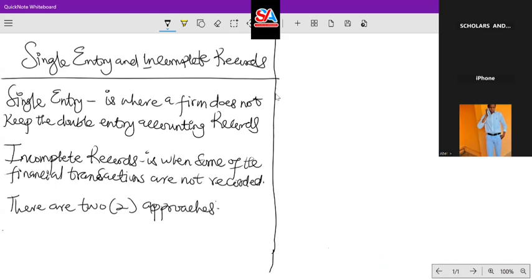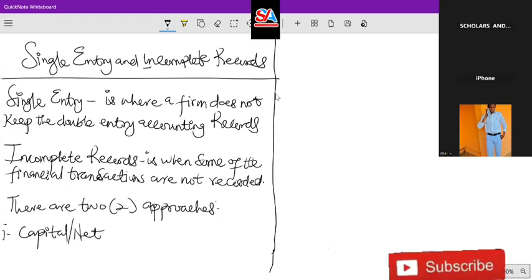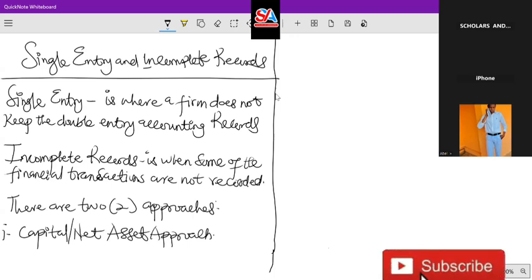One, the capital or the net asset approach. Two, the income statement approach.